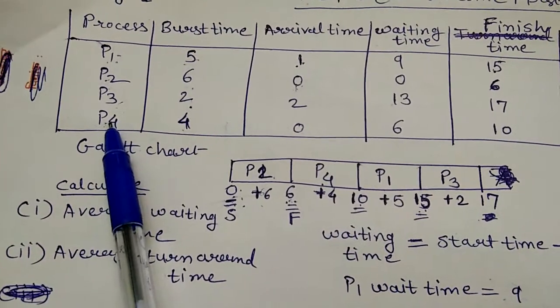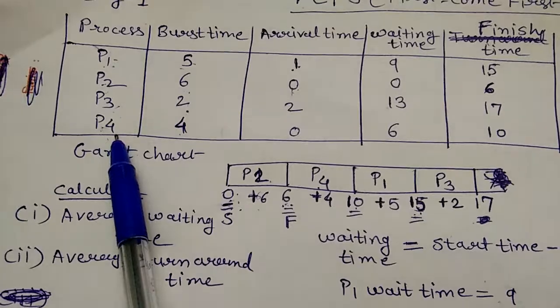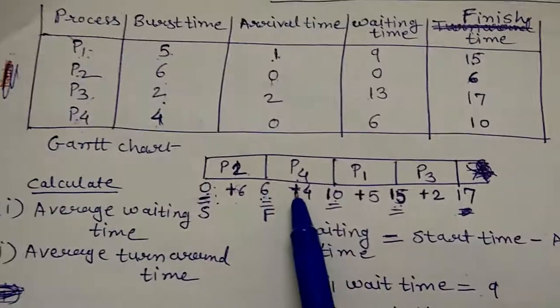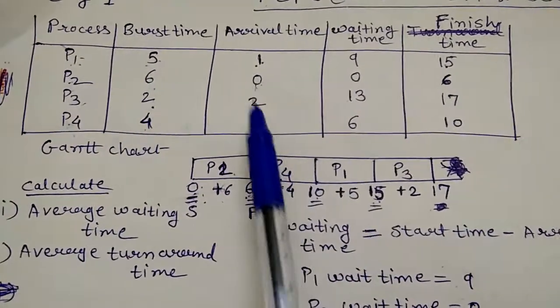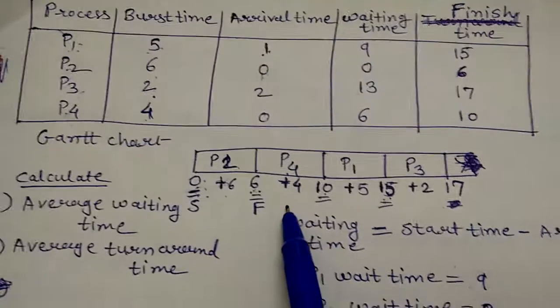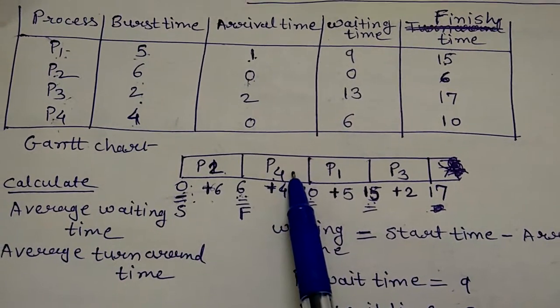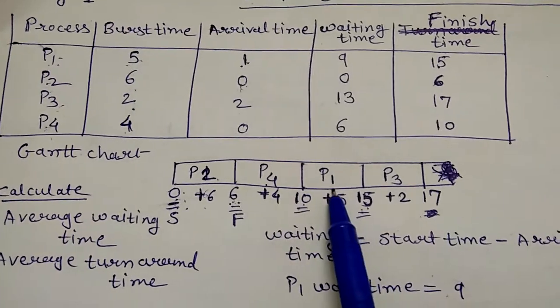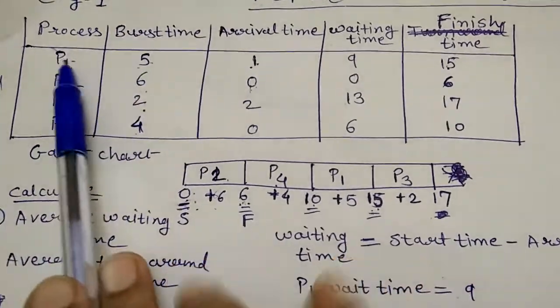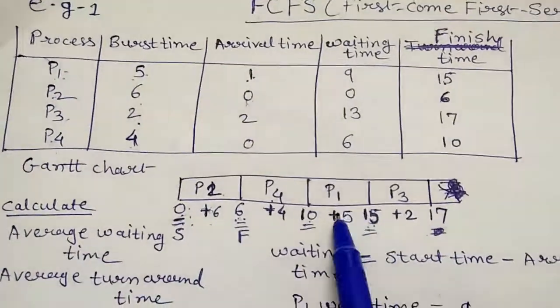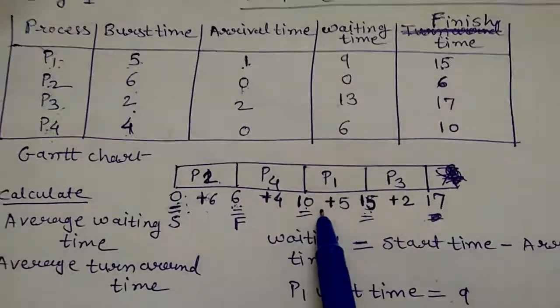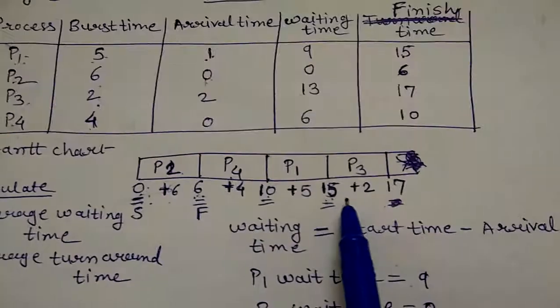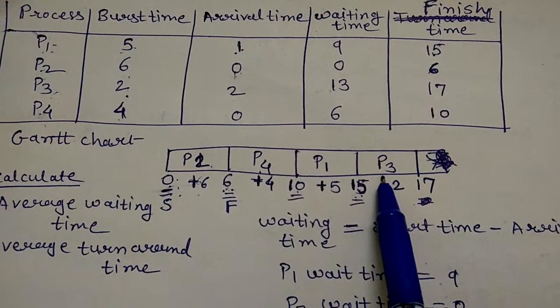And P4 will be next, though the arrival time of P2 and P4 is the same. And in the third position, P1 will be written. And in the fourth position, P3 will be written.